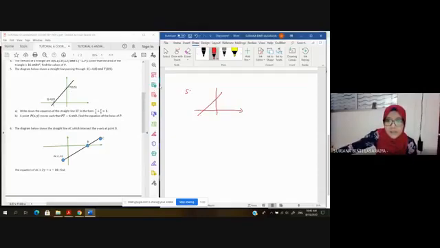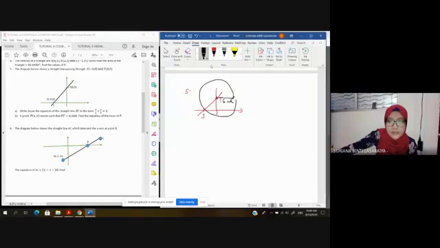Okay, so ini S and then T. So dia kata P itu adalah point yang move such that PT equals to 6 unit. Maksudnya ada satu nilai P yang bergerak mengelilingi T yang mana jarak dia ni adalah 6 unit. Dan ini bergerak begini. Maksudnya your P(x, y) itu adalah moving point with center T.